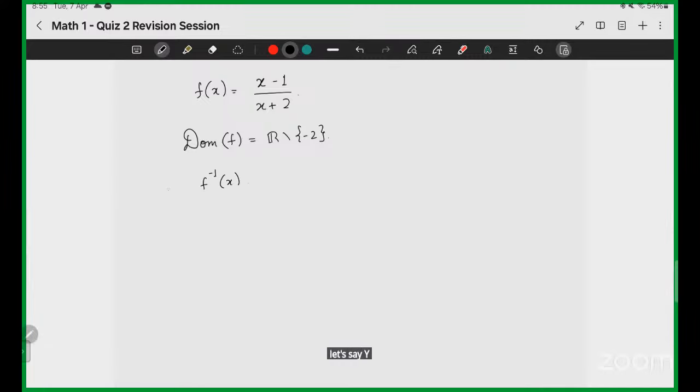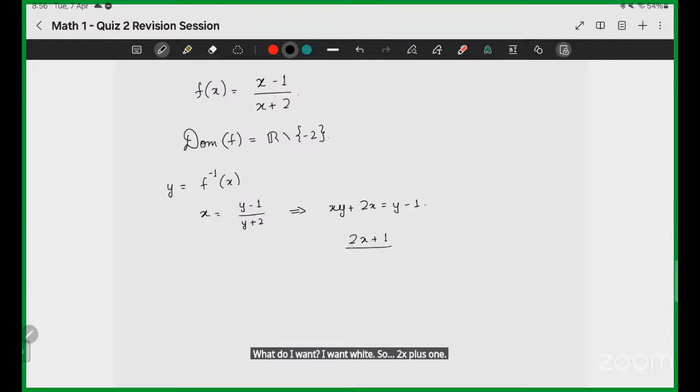Let's say y is equal to f inverse of x, and then you'll have x is equal to (y minus 1) divided by (y plus 2). Rearrange: xy plus 2x is y minus 1. What do I want? I want y. So y is (2x plus 1) divided by (1 minus x).